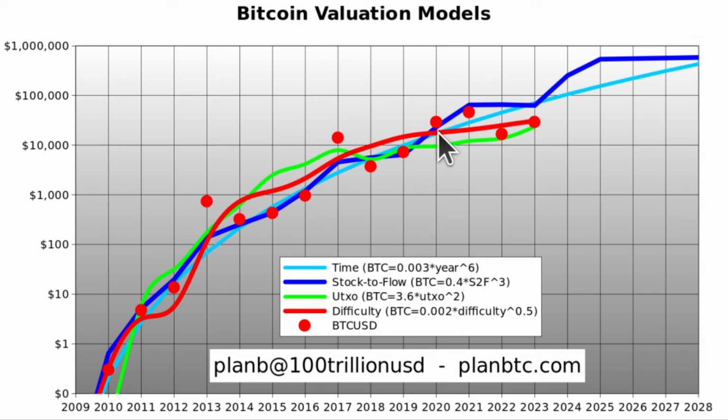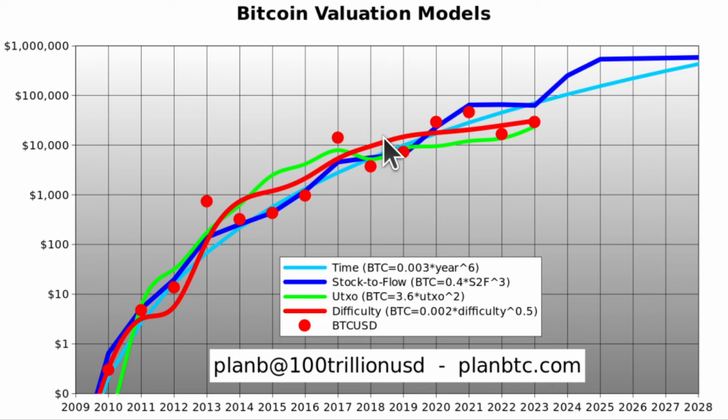And if the price is very much below the model, then of course you buy it as an investor, and then the price goes up. So very interesting, very economically valid, and well, it's the third model in this chart.